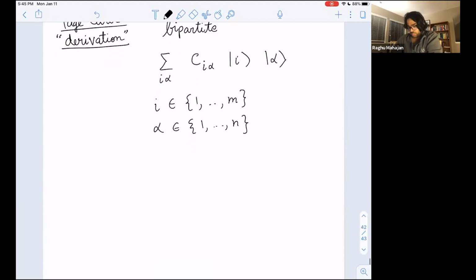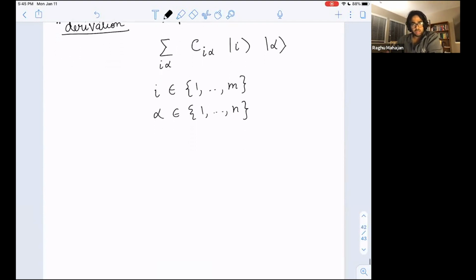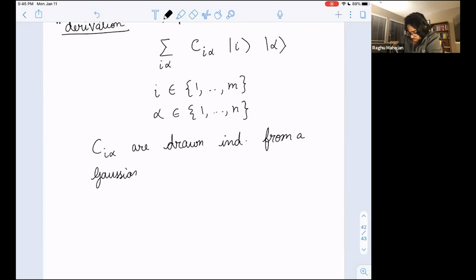The Page curve is a curve about generic states like this. So to make a generic state, let's assume that C_i alpha are drawn independently from a Gaussian with zero mean and variance sigma squared.